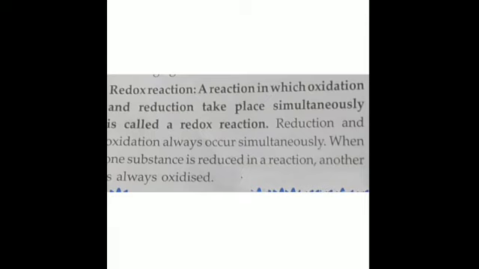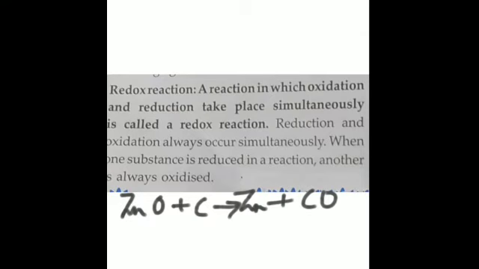So I have given you several examples. The one I had shown you just now, I am repeating it again, that is zinc oxide is forming, on reaction with carbon, zinc and carbon monoxide. So I told you how it is being done.